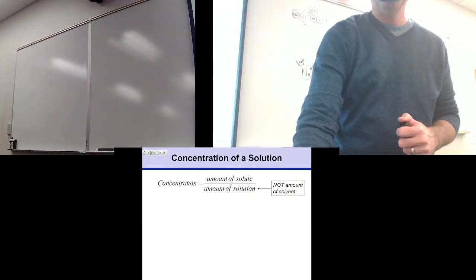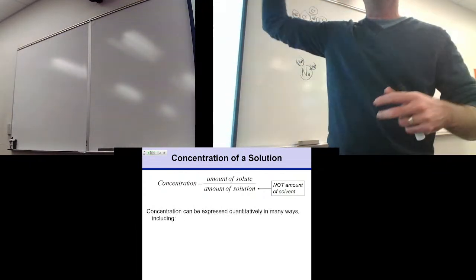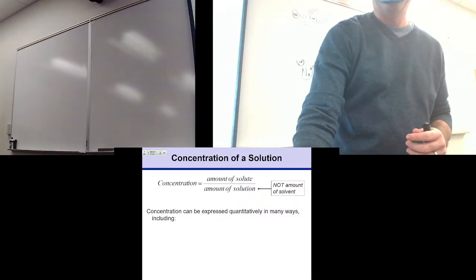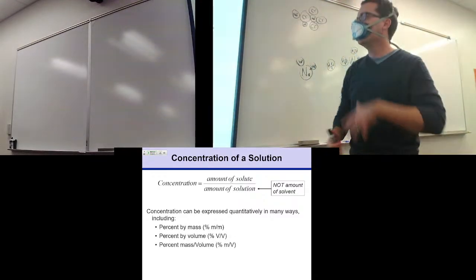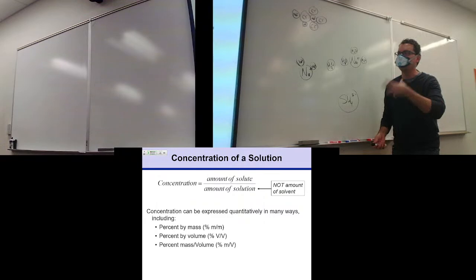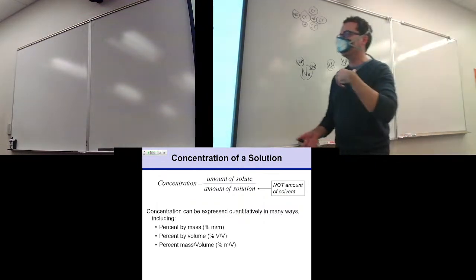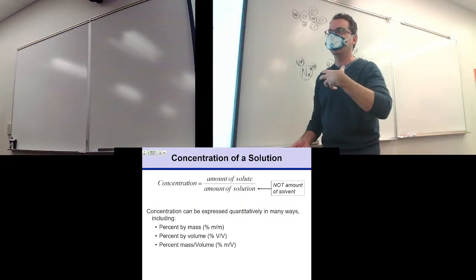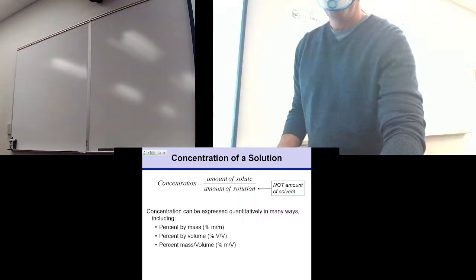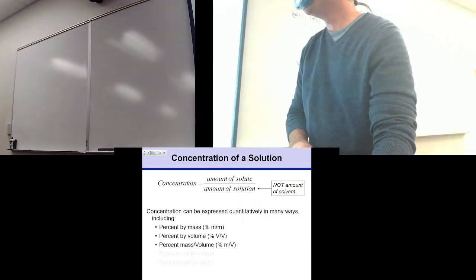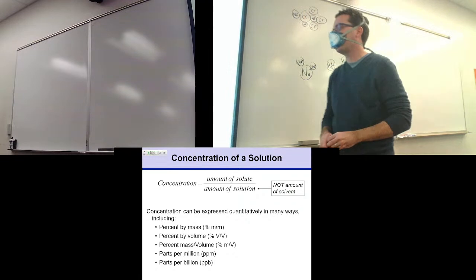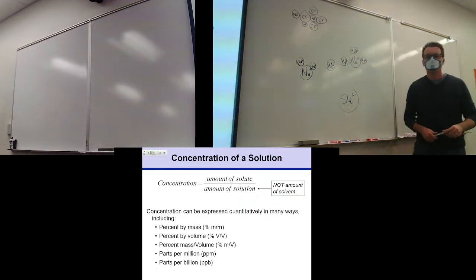Solute over solution. And even then, those amounts are not defined by any particular units. You can use a mass over a mass, grams over grams. You can use volume over volume. You can use mass over volume. You can combine them, and they have different meanings. You can do parts per million or parts per billion.